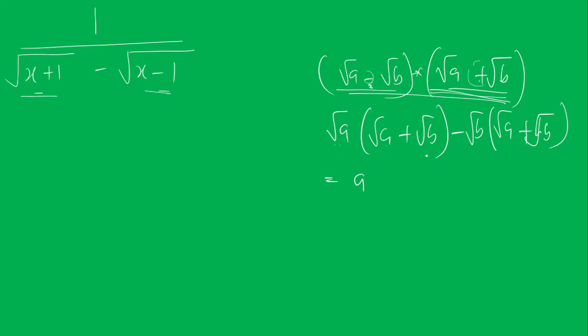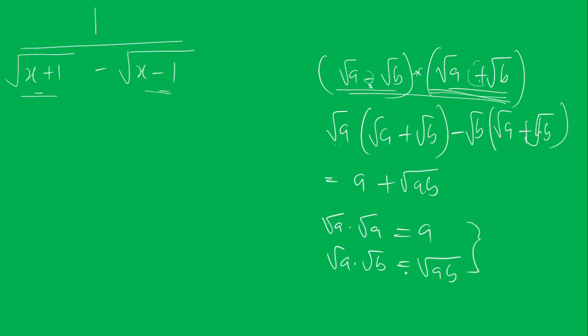Square root of a times square root of b will give you plus square root of ab. Knowing the law of surds, square root of a times square root of a is equal to a, and square root of a times square root of b is equal to the square root of ab. This is a rule.